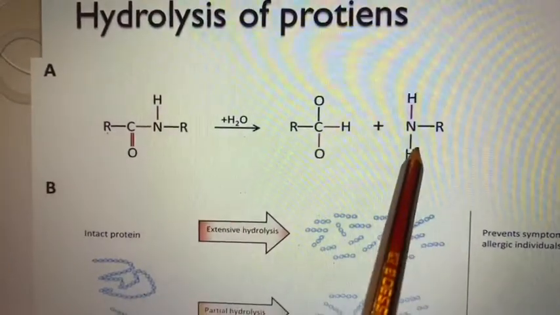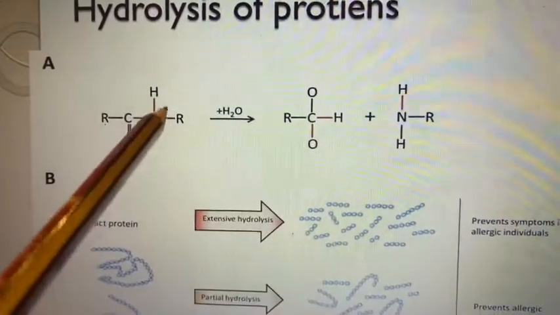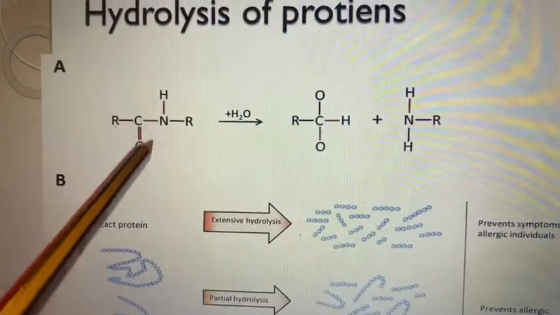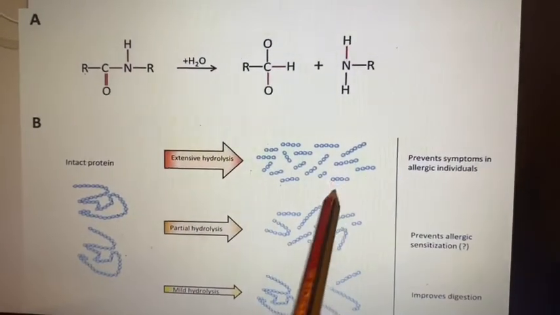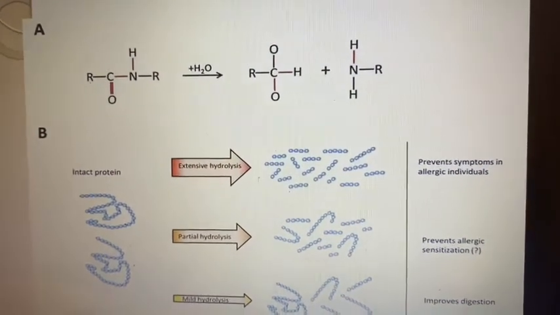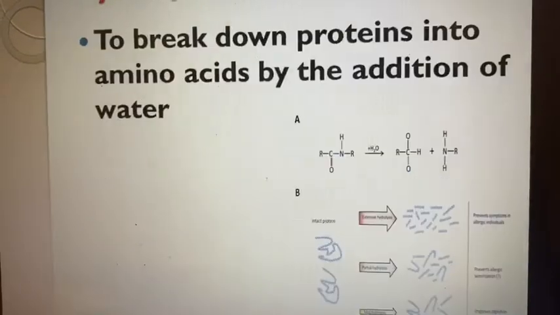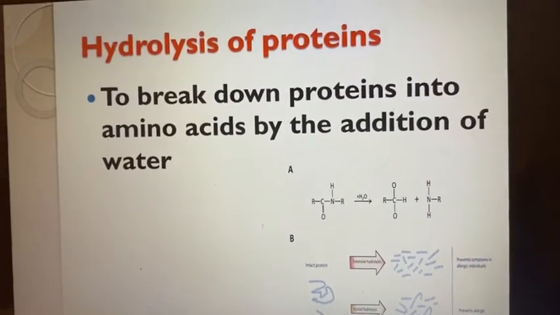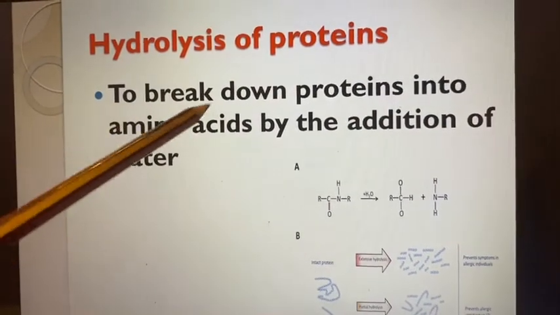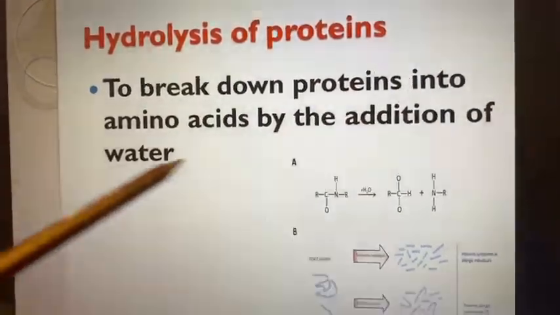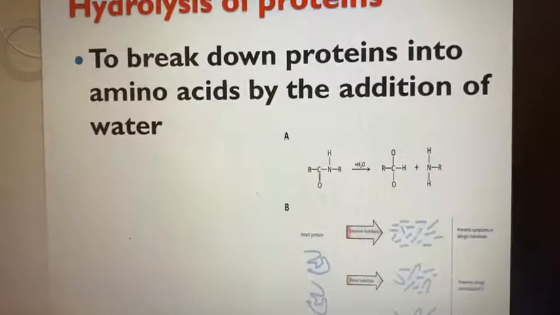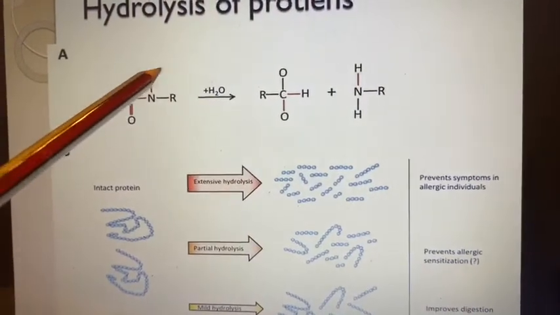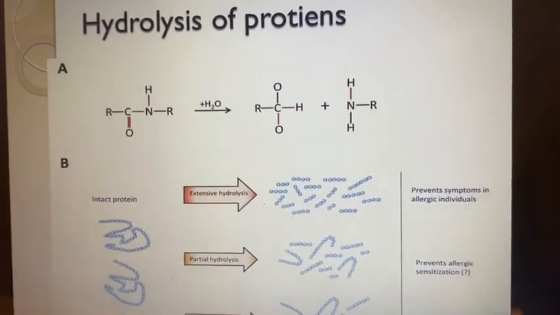You will break the bond between the polymer to make smaller monomers. So what is this process called? We call it hydrolysis. It is to break down proteins into amino acids by the addition of water. This is what you should know about it. Adding water will break down the protein.